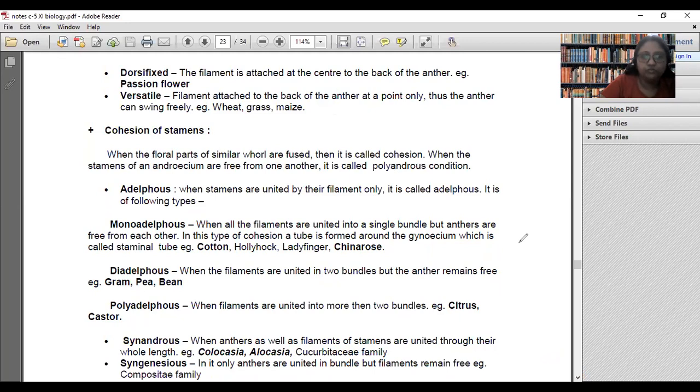If you look into the China rose, you can see that there is a single tube-like structure upon which the anthers are attached. Have you ever seen such structure in China rose?